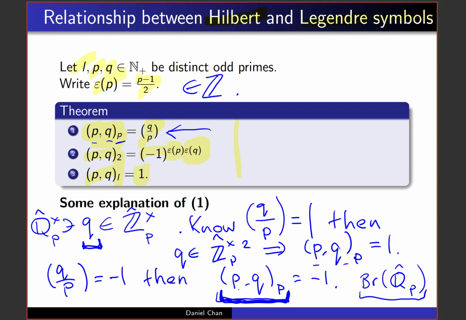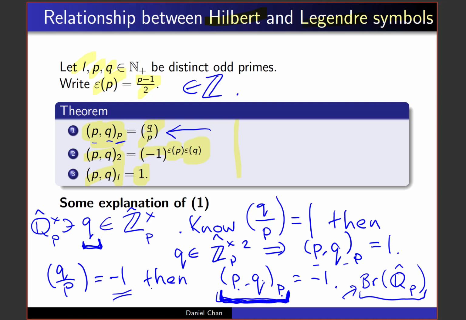Okay, so you basically have the P here, same as that, and you need something which is a non-square modulo P inside here. That was the central simple algebra that I gave that corresponds to this element of the Brauer group. Okay, so that's essentially why you get a minus 1 there.